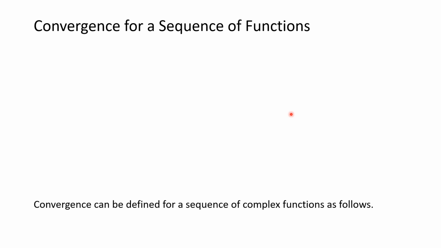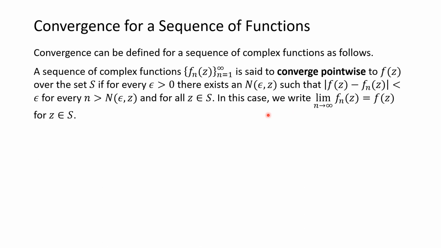We can define convergence for a sequence of functions as follows. Let's take a sequence of functions here, f sub n of z, n equals 1 to infinity or 0 to infinity, whatever index you need.